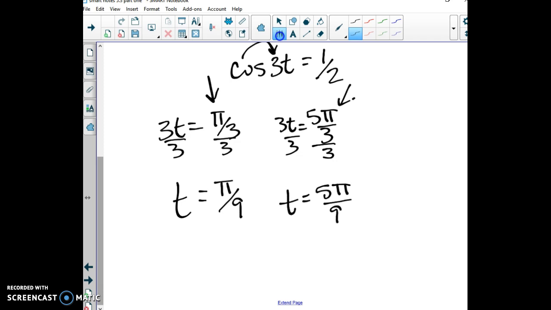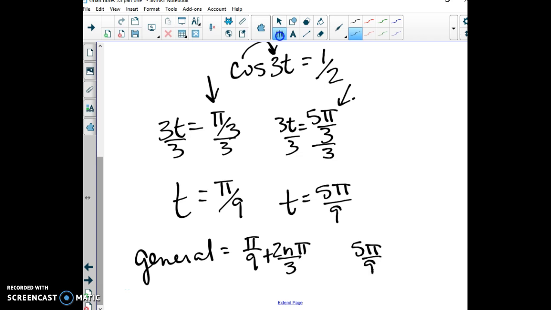These are the specific solutions on the interval 0 to 2 pi, but when we talk about general solutions, all of the solutions would be pi ninths plus 2n pi over 3 and 5 pi ninths plus 2n pi over 3.